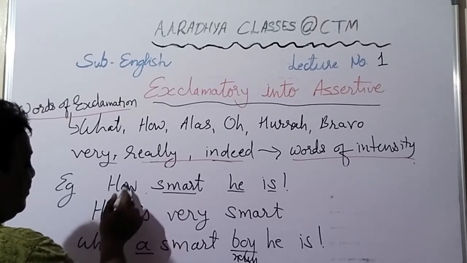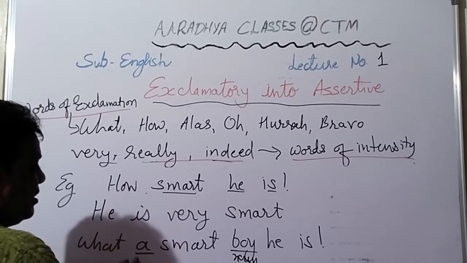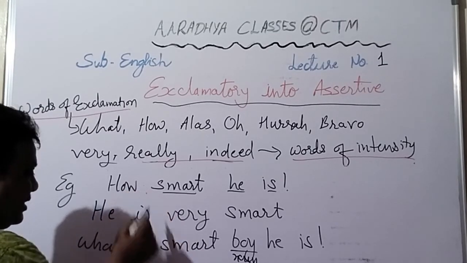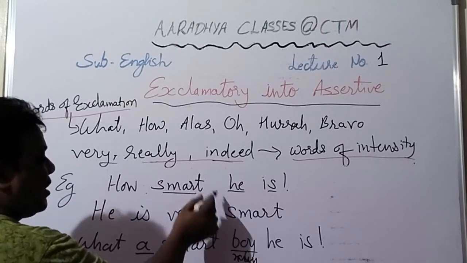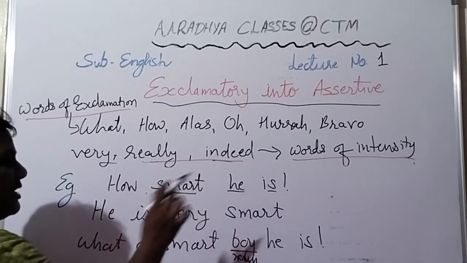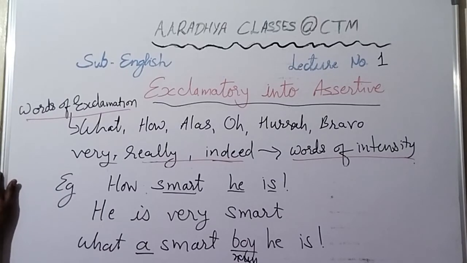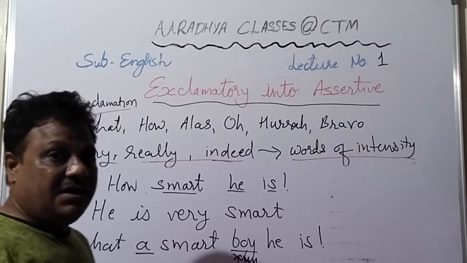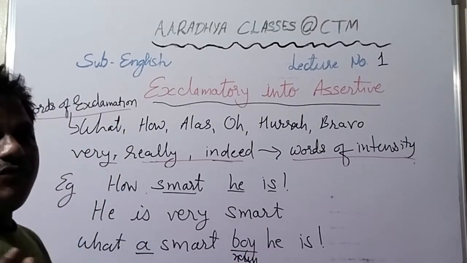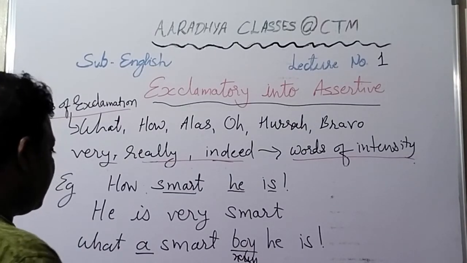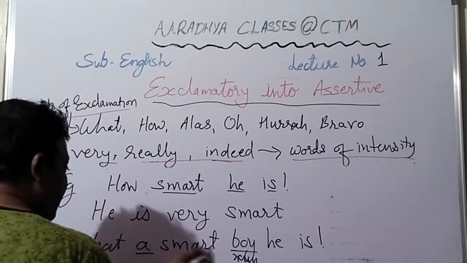Directly in place of what, it begins with how, then it doesn't have article or noun, only how smart he is. How charming she looks. There also noun is missing and even article is missing. So how sentences, students, I feel are far easier than what sentences. Just keep this in mind.